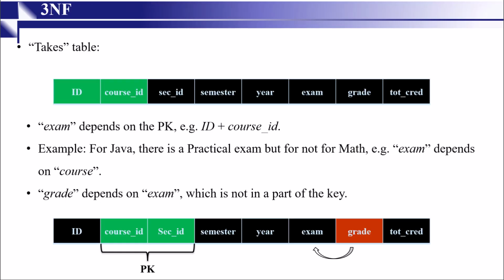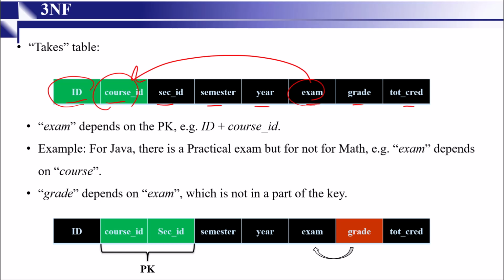So here, consider a table with ID, course ID, section, semester, year, exam grade, and total credits. The primary key is ID and course ID. Exam depends on course ID. For example, Java has a practical exam, but math does not have a practical exam.